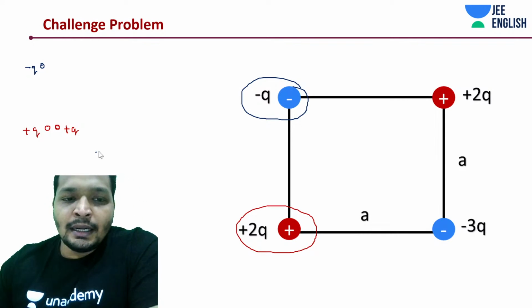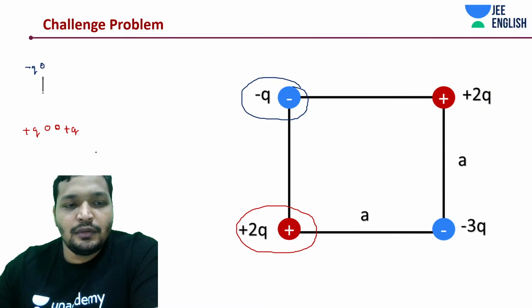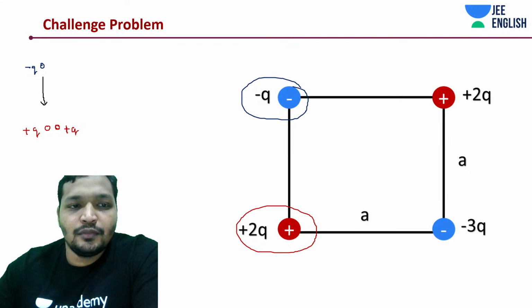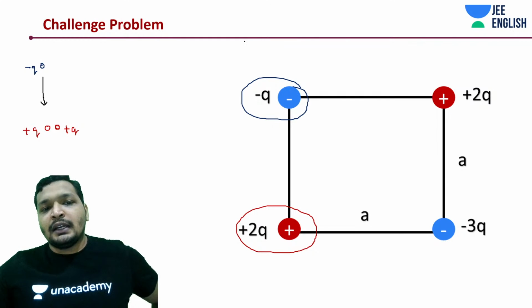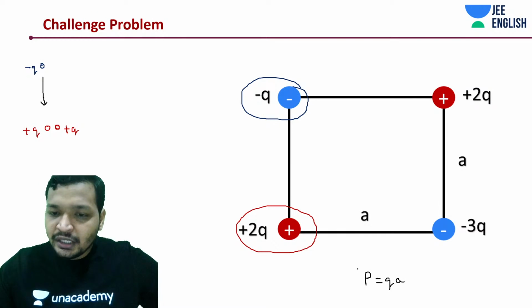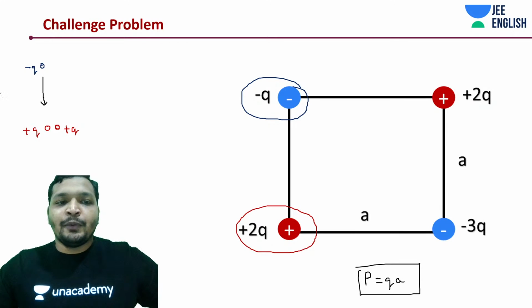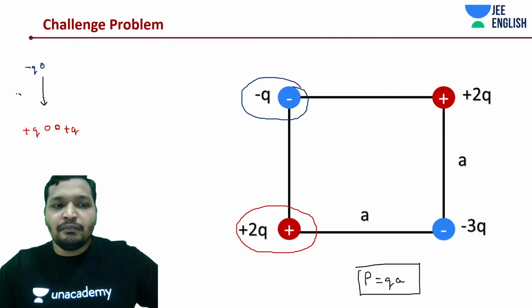And of course, why did we do this? We have a dipole moment. I'm not yet defining things anyway. But let's do our usual thing. Let's say P is equal to Q into A, just for convenience. So what is the dipole of this system? This is Q into A into minus J cap. This is negative Y, right? This is in minus J cap direction. Okay, you understood that.